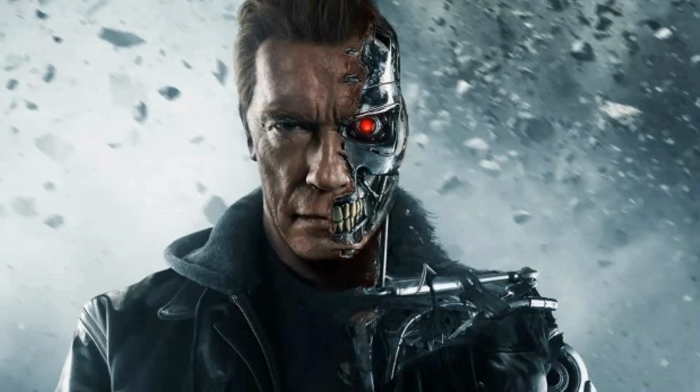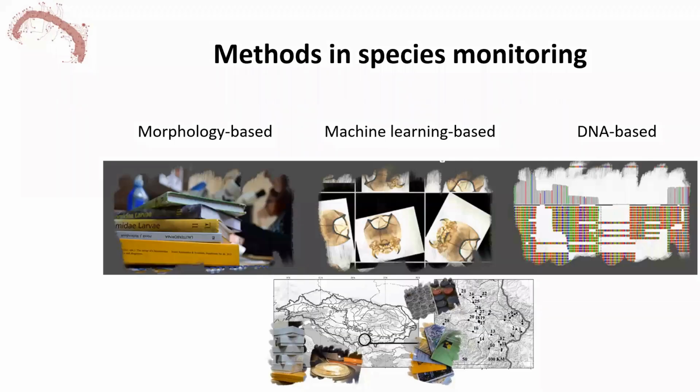this problem. To do that, we applied simultaneously 3 different approaches in identification. First, we used the traditional one based on morphology characteristics. Then we use a DNA approach to validate these different morphology hypotheses.